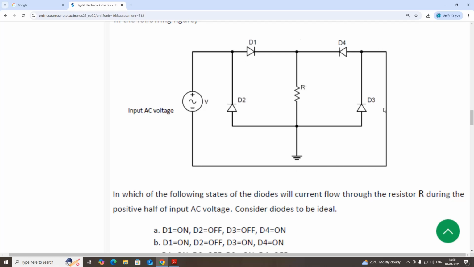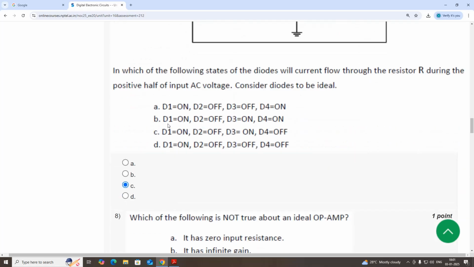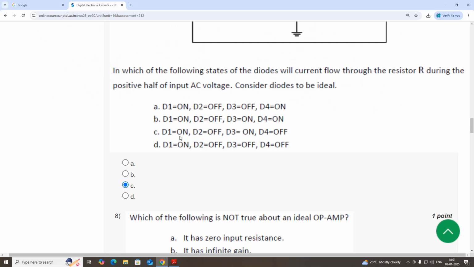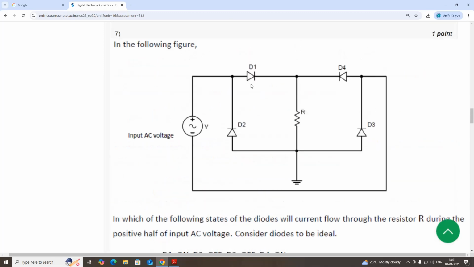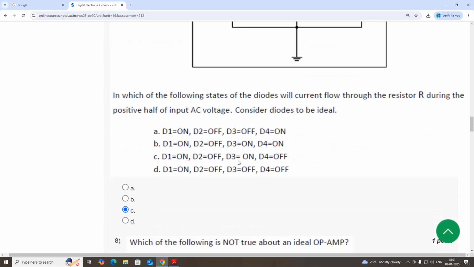So D1 and D3 are on, D4 and D2 are off. So the option is C. D1 on, D3 on. Remaining two are off, D2 and D4 are off.